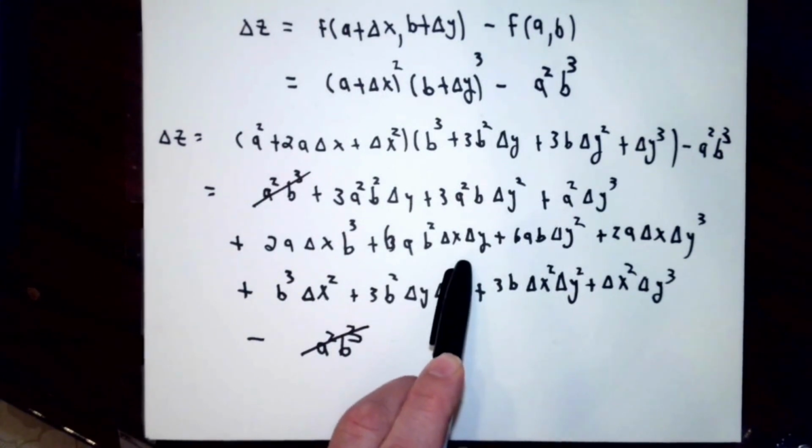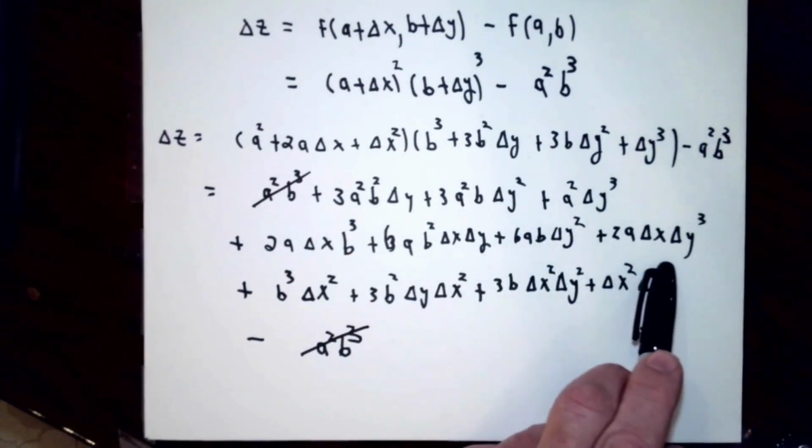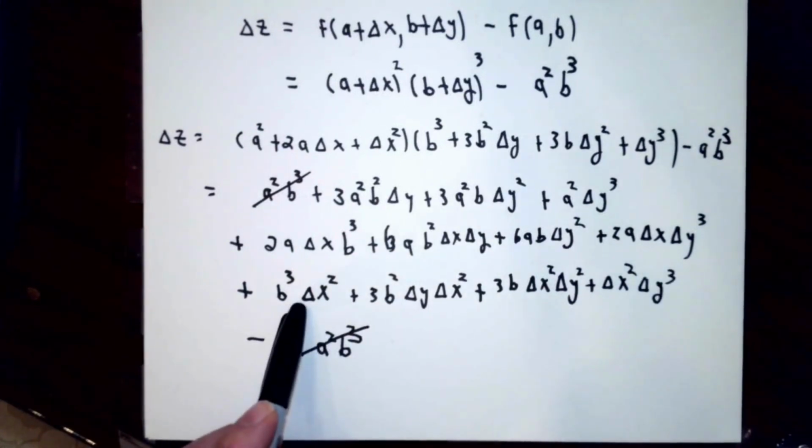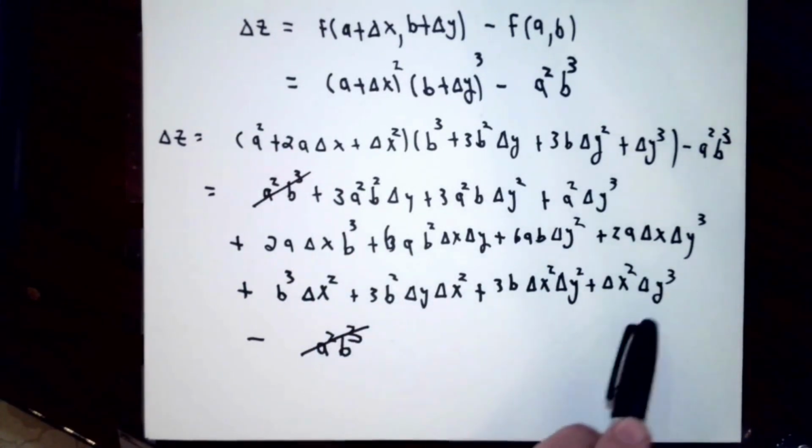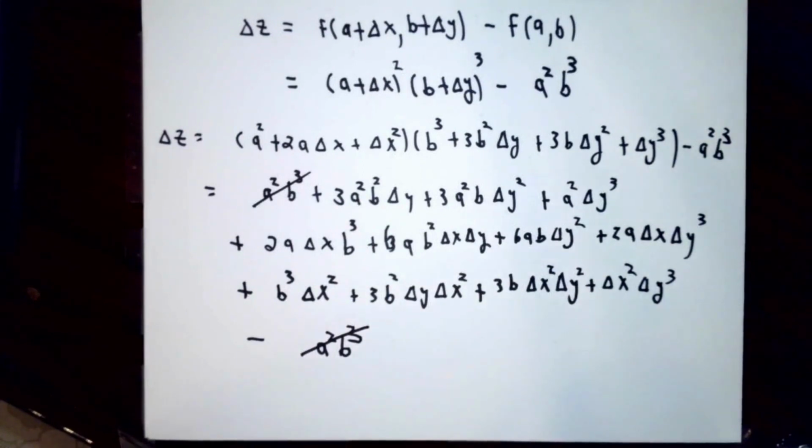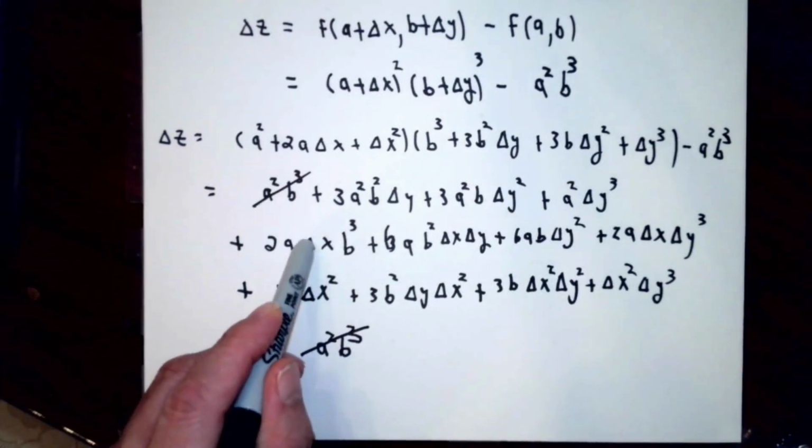Not looking at that one, it has delta x times delta y in it. Not looking at that one, or that one, or that one, or that one, or that one. In this formula for delta z, if I'm looking for something whose dependence on delta x and delta y is that it's just got a delta x to the first power in it, there is only one of those, and it's right there.